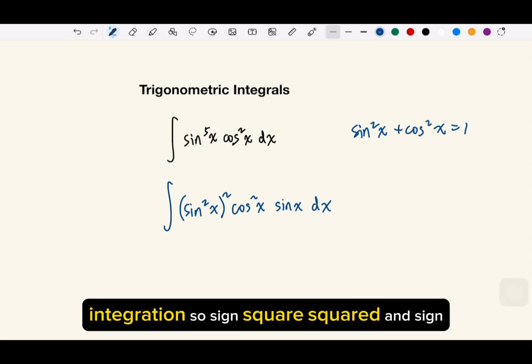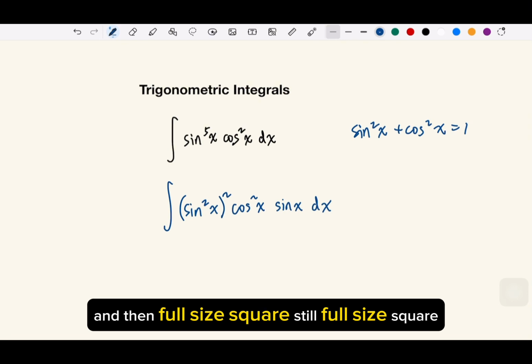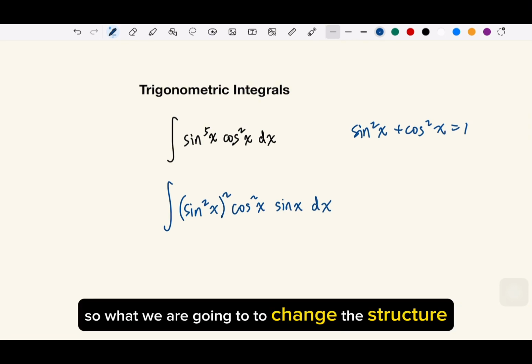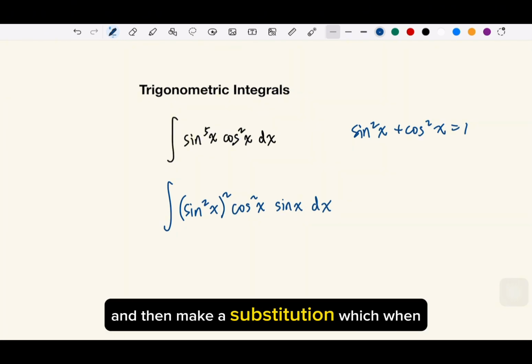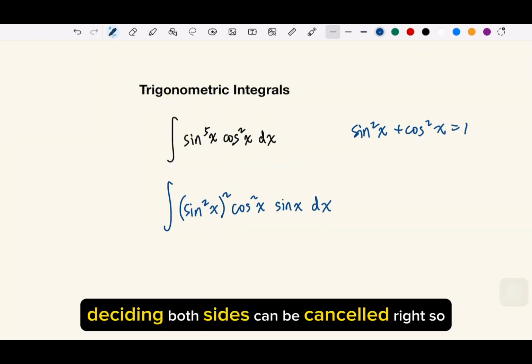So sine squared squared, and then sine, which gives sine with power of 5, and cosine squared is still cosine squared. So we are going to change the structure. We expect to change one of them and make a substitution so that when we differentiate, the sine and cosine can be cancelled.